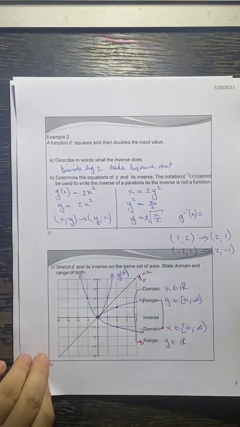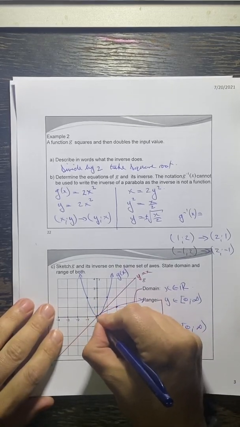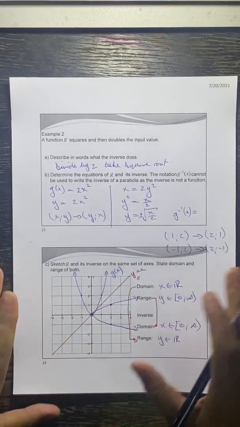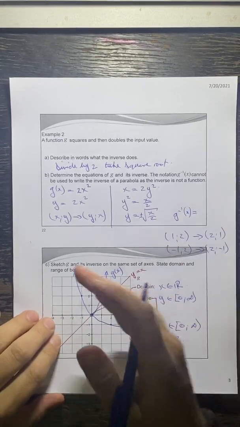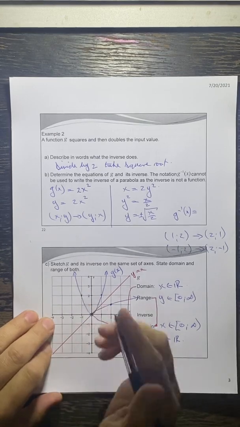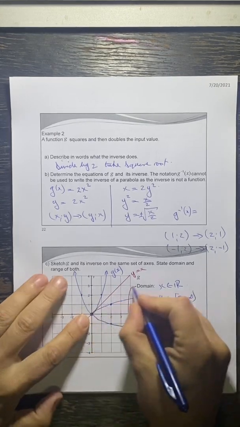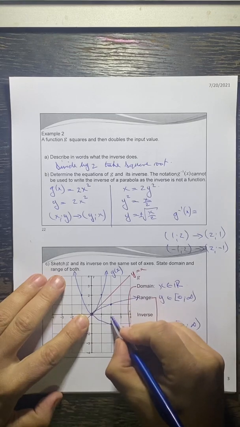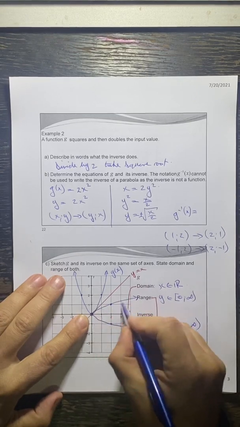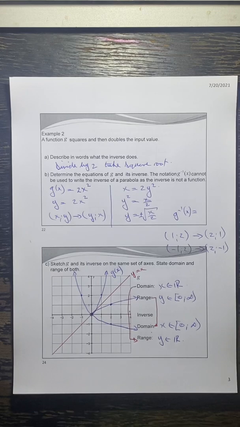So if I have a look back at G here, I'm going to be looking at the turning point. Now, how I would restrict this so that the inverse is a function is I would have a look at where x is greater or equal to 0. So this arm over here would now be mapped to this arm over here. So let me highlight that for you guys.